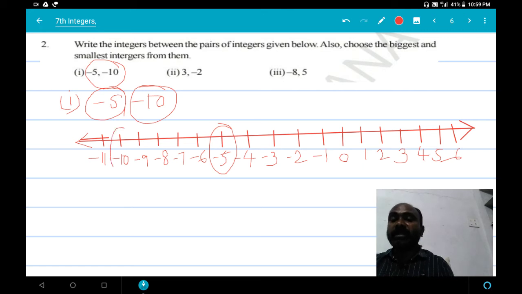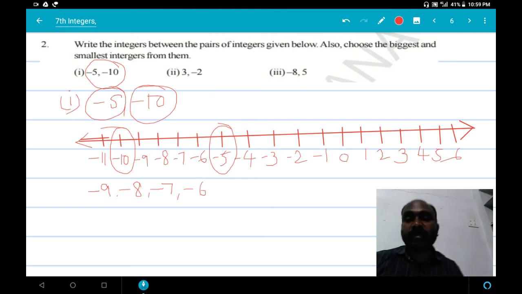Where is minus 10? Here is minus 10. So we write between numbers minus 9, minus 8, minus 7 and minus 6. Okay, right, it's all.